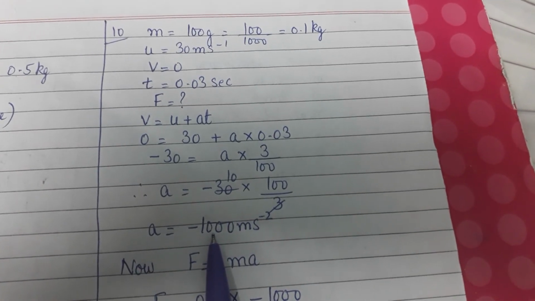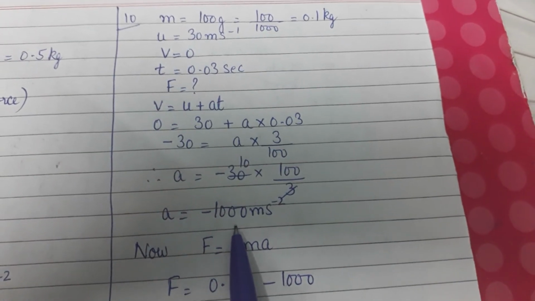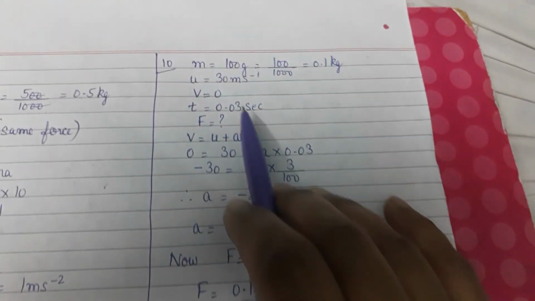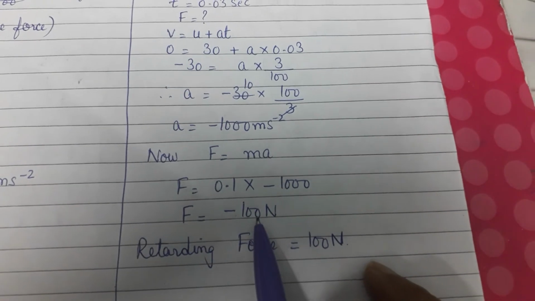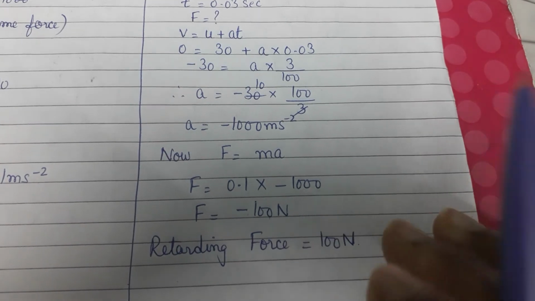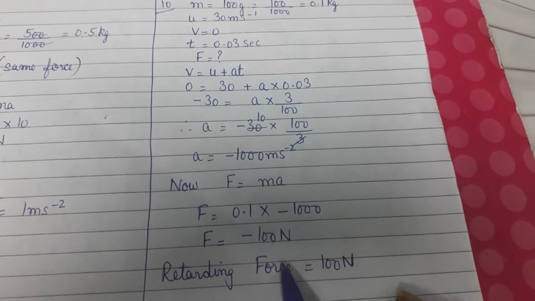Naturally it's going to be negative because it is retardation. Okay, so therefore after this I will use the formula F is equal to ma, and I have calculated the value of A. I already have the value of m with me. The force is negative, or I can say it is a retarding force, because that force is trying to stop the ball. So therefore the retarding force is 100 newtons, and that's my answer.